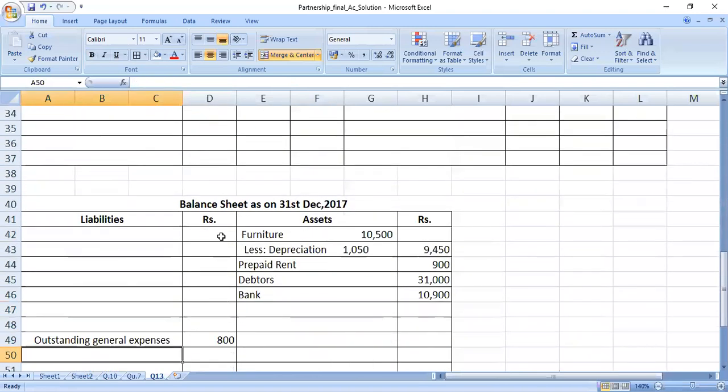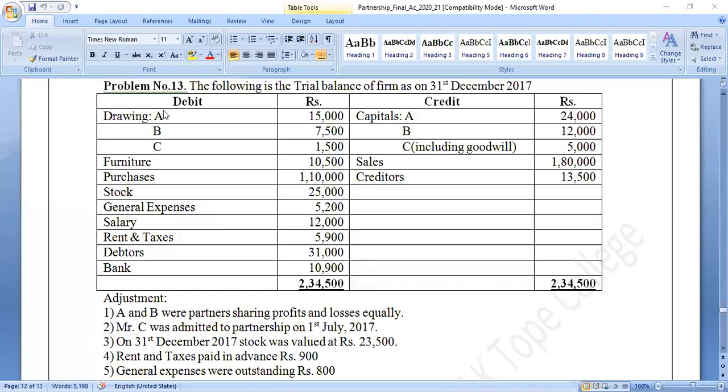Creditors we have to record on the balance sheet liability side. So we will record here creditors, and creditors value 13,500. See friends, after recording all these items from the trial balance, is there any item remaining? No, all items are recorded.